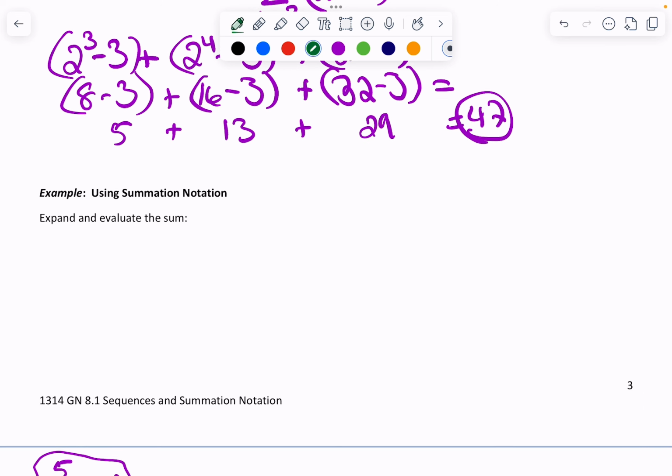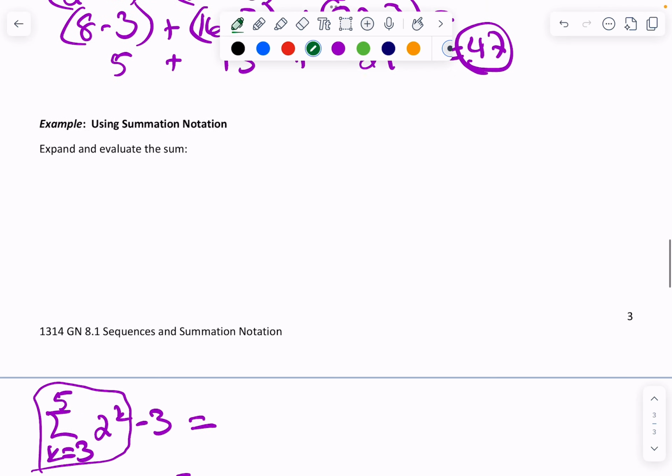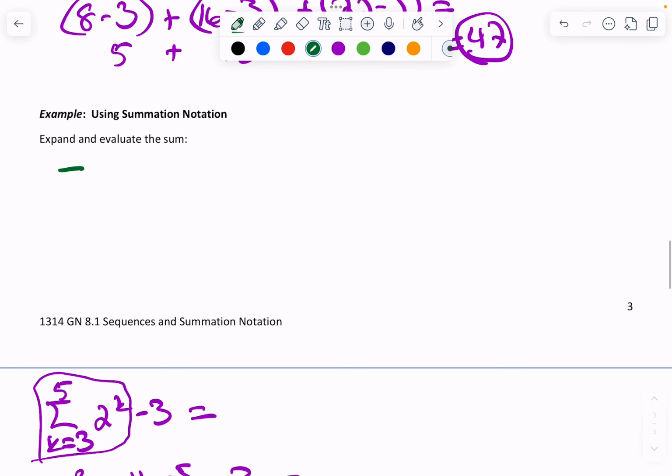Okay, next, some summation notation that we're going to evaluate: our lower limit is 1 and our upper limit is 5, and we only have 4 here. So we don't have an i. All we have is a 4. So this means that we are going to be adding 4 plus 4 plus 4 plus 4 plus 4.